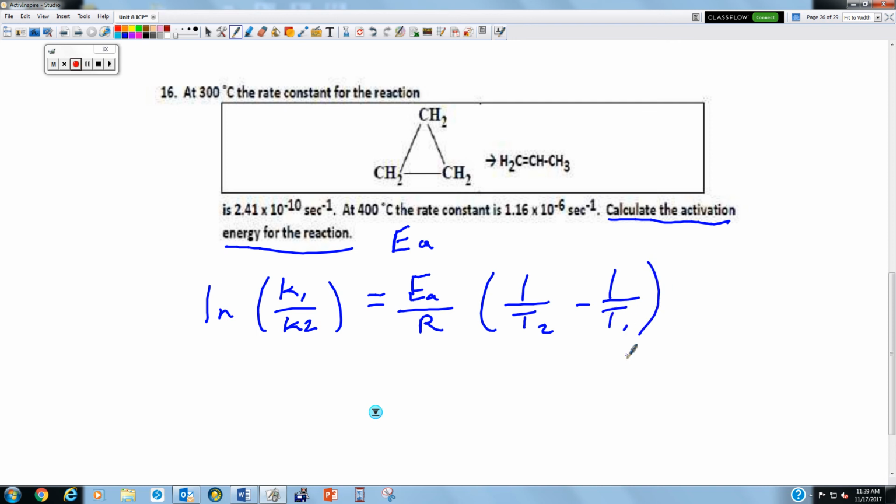Now, the hardest part about this one is just making sure that we stay consistent with what our 1s and 2s are. So this and this are related, and we're going to call this one 1, and then 400, now let me change colors.